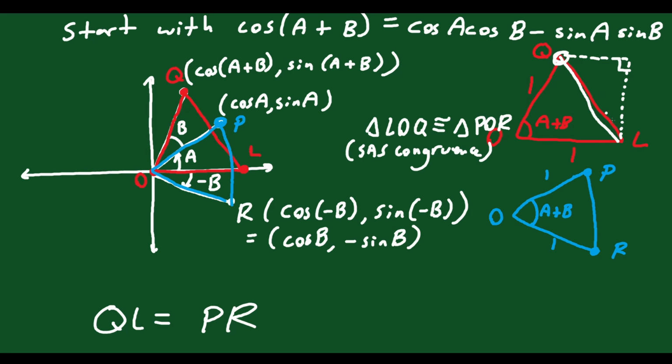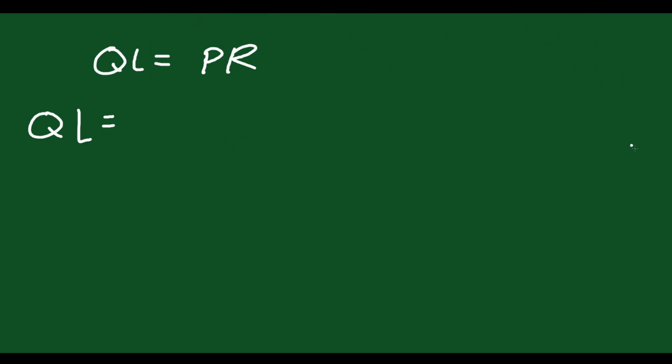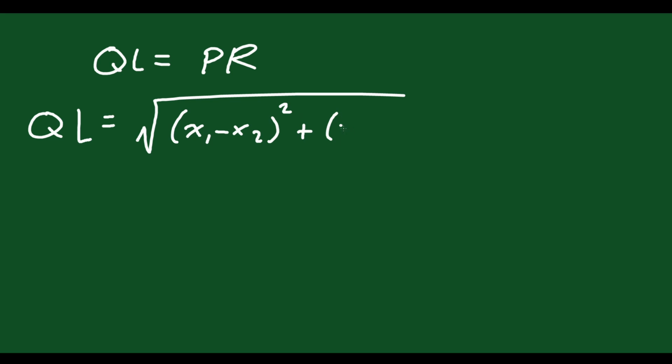Well, I know the coordinates of Q and L, so you just subtract the x values and the y values, find these lengths, and that'll give you the side QL. Pythagorean theorem. So let's go ahead and do that. For QL, that's going to equal the square root of x1 minus x2 squared plus y1 minus y2 squared.